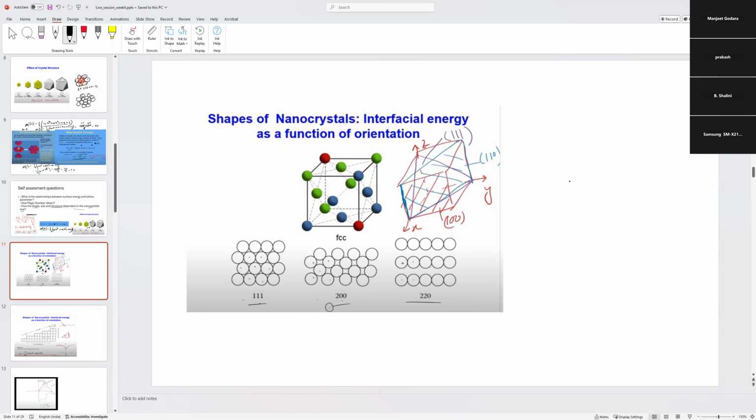If you cut across the 200 plane, I think then you get your FCC case, with an atom sitting at the center. And if you cut along the 220 direction, you get layers of atoms.